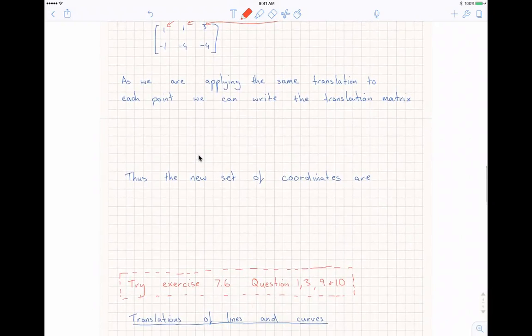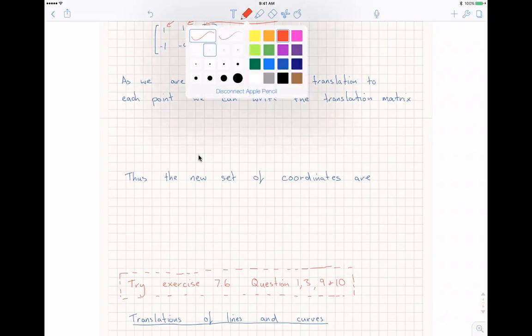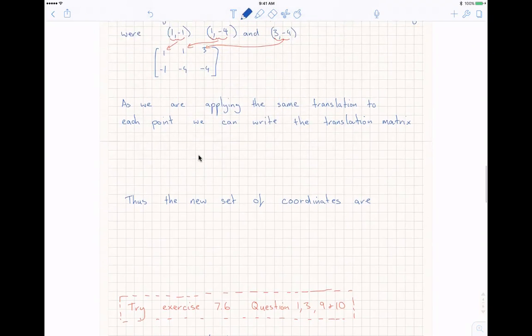So as we're going to apply the same translation to each point, we can write the translation matrix like this. We're going to move minus 4 to the left and 6 down for each point.